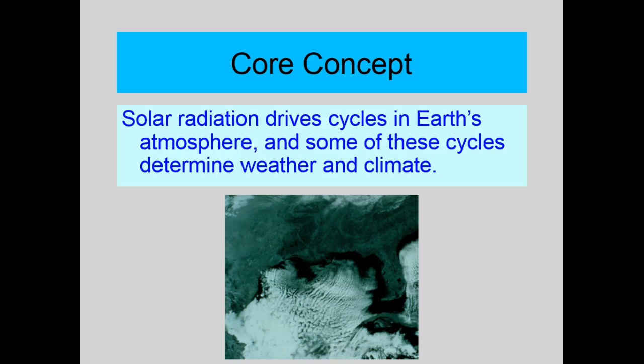Solar radiation drives the cycles in Earth's atmosphere, and some of these cycles determine weather and climate. That's definitely true, but there are some other things that drive it as well, and like I said, I regret, I was tutoring a student right before class, so I didn't get set up.